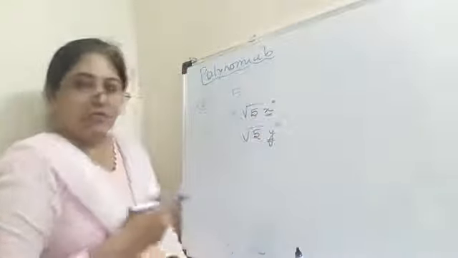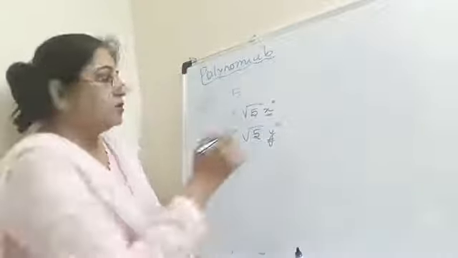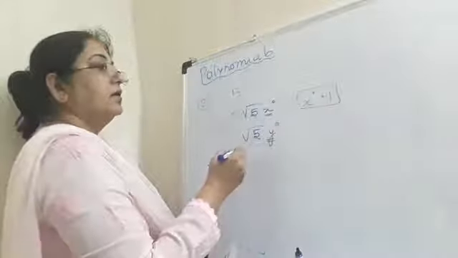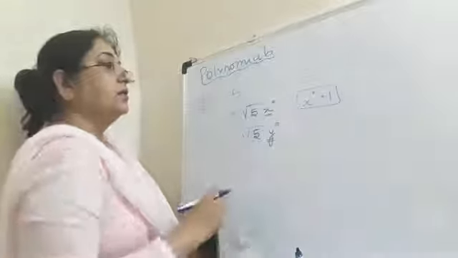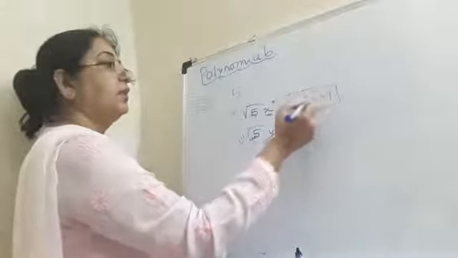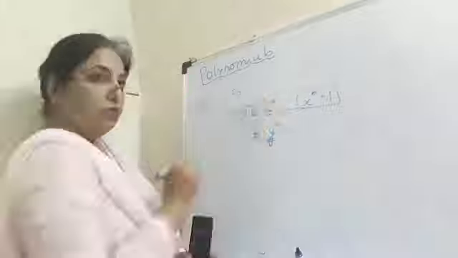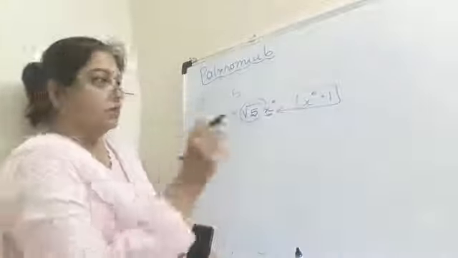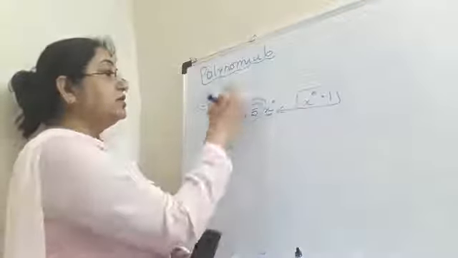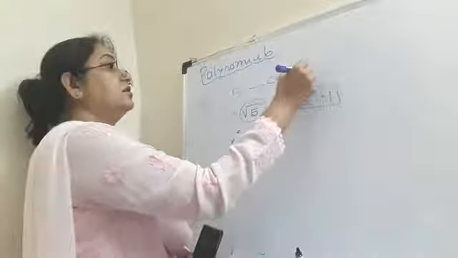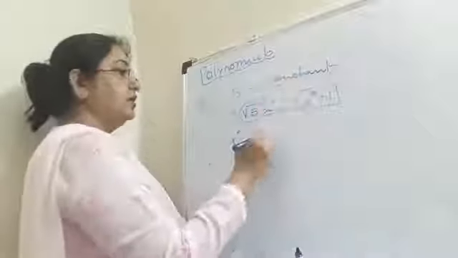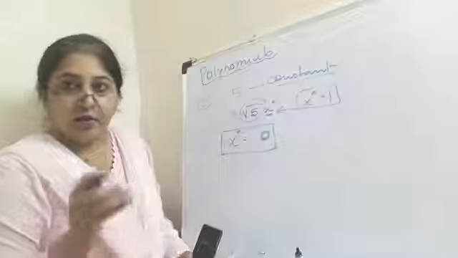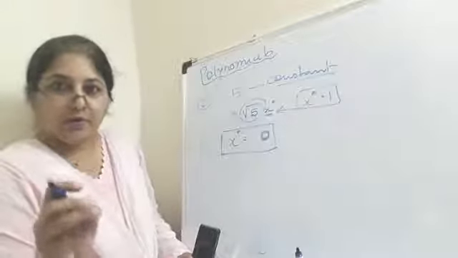This variable is of my choice or your choice, right? Here x to the power of 0 is equal to 1, so it will ultimately give you the same answer, root 5. But my concern is, what is the degree? This is a constant polynomial, so the degree of this constant polynomial is equal to 0. As I told you before also, the degree of the constant polynomial is always 0.